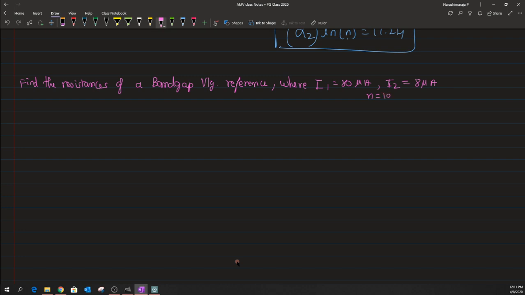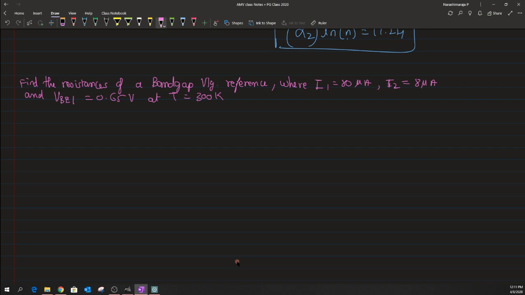So in a way, just by having different currents, one can also have the ln of n factor appear. So hope that it makes sense here. And the value of VBE1 is said to be 0.65 volt at 300 Kelvin.